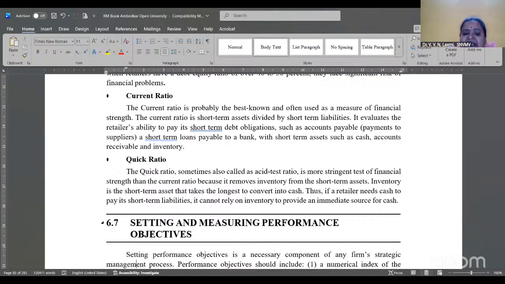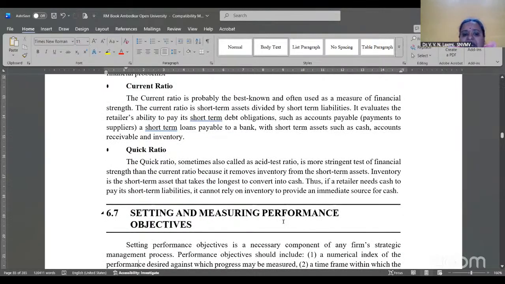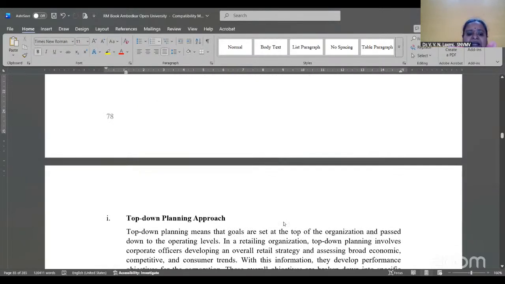So if a retailer needs cash to pay its short-term liabilities, it cannot rely on inventory. It has to rely on accounts receivables and the cash on hand. So a current ratio considers the inventory on hand. In quick ratio, we do not consider inventory on hand.